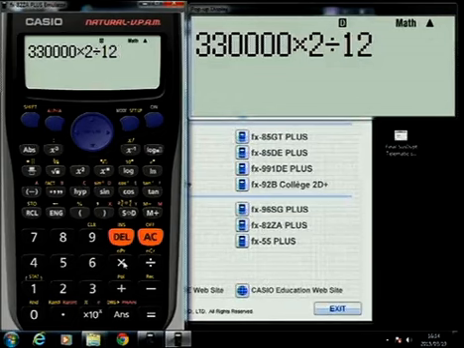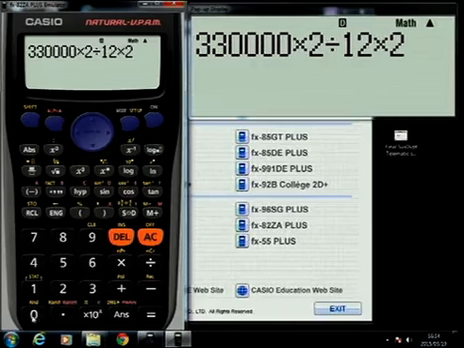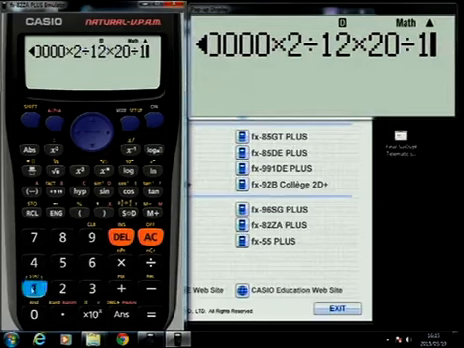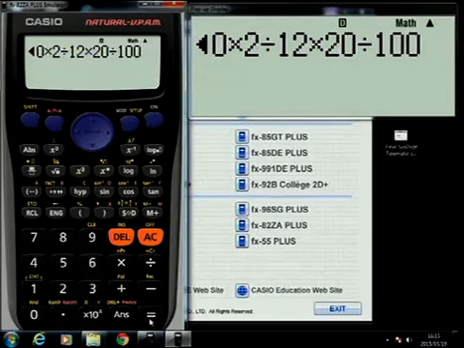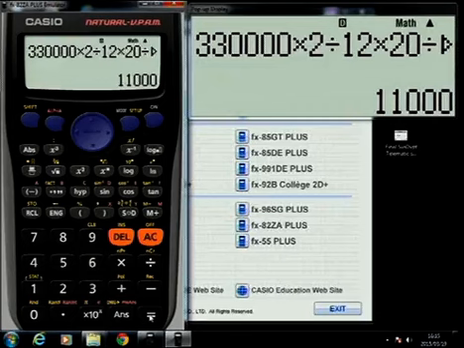And remember, because it's new, there's no accumulated, so we have to take the cost price and times 20%. And we get an answer of 11,000.